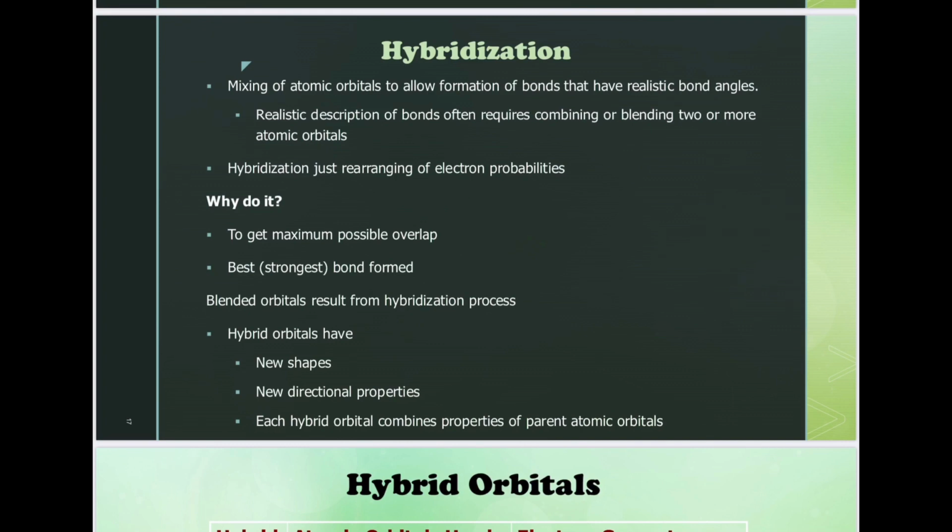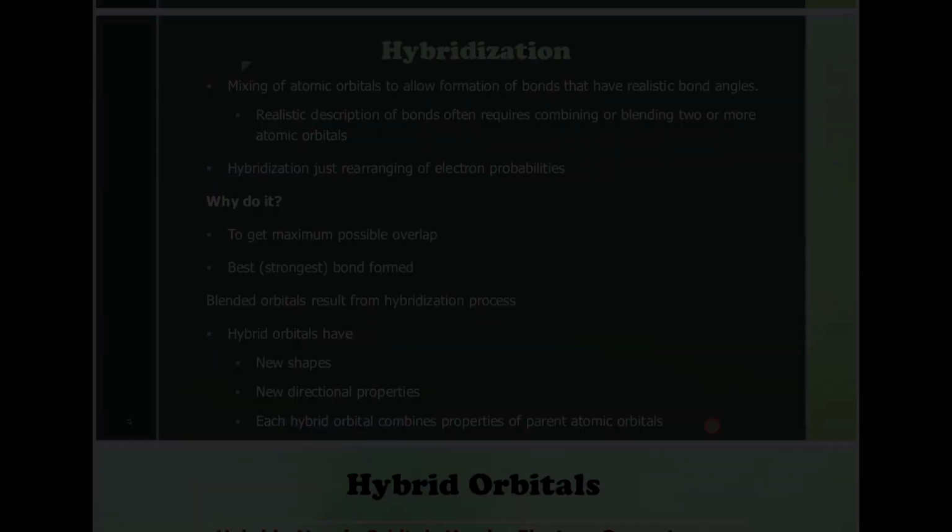To get maximum possible overlap and the best, which is the strongest bond formed. Blended orbitals result from the hybridization process. Hybrid orbitals have new shape, new directional properties, and each hybrid orbital combines properties of the parent atomic orbitals.